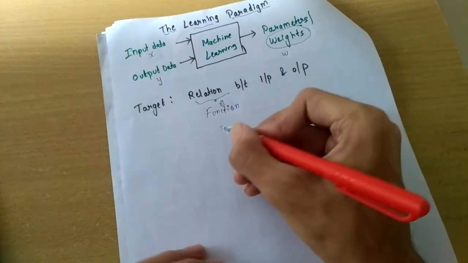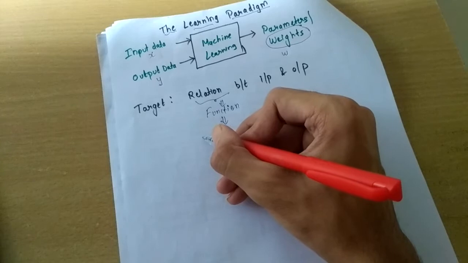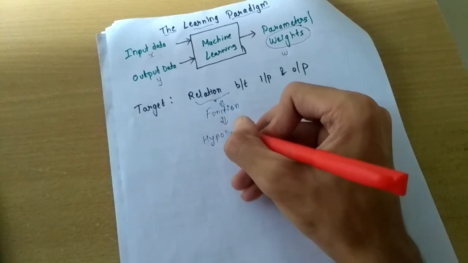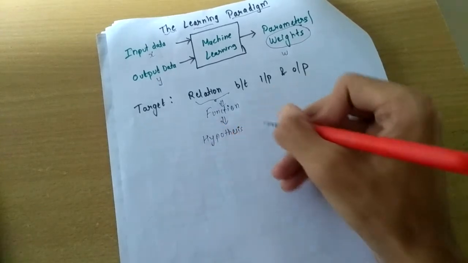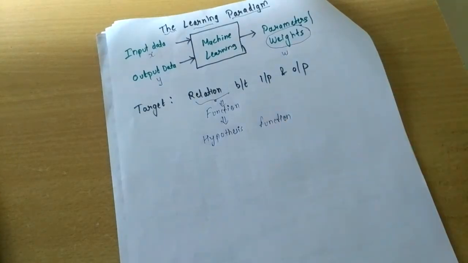And more precisely, we will call this function the hypothesis function. Why it is called hypothesis function will be clear in subsequent lectures when we go into an in-depth example, but this is just a terminology.